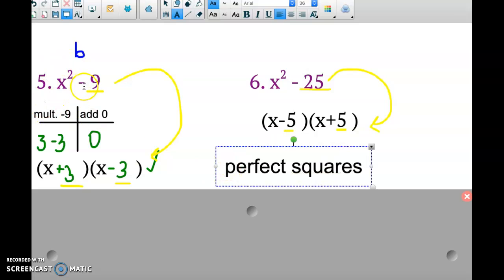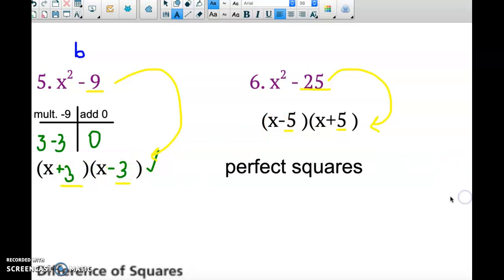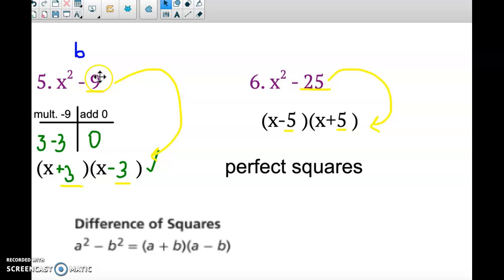The square root of 9 is 3, and the square root of 25 is 5, and it's always a positive and a negative, positive and a negative. So the shortcut here is that anytime I notice that my numbers are in this form with a perfect square, I'm not going to make this chart, right?